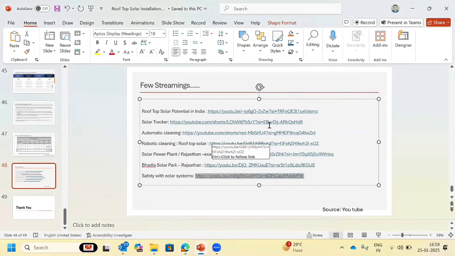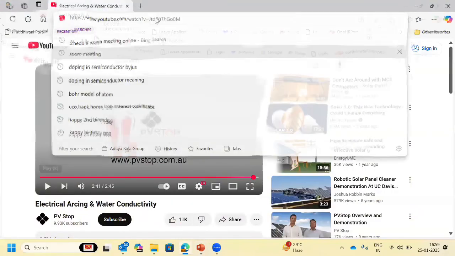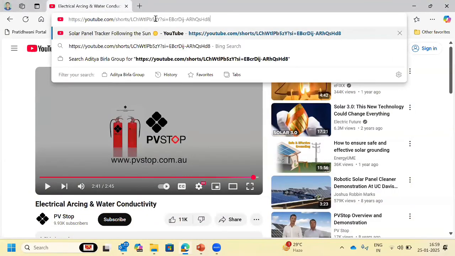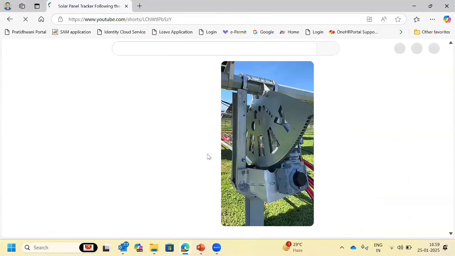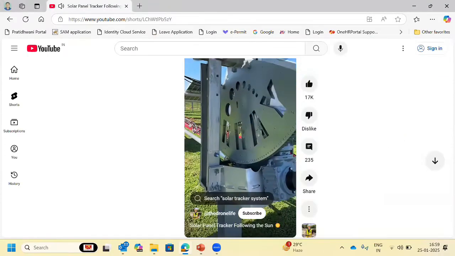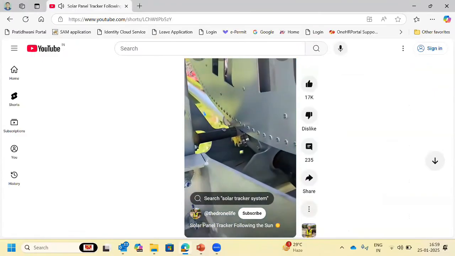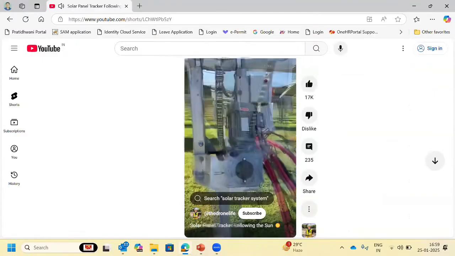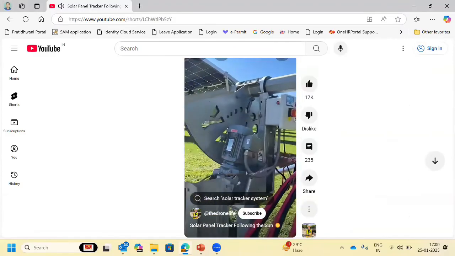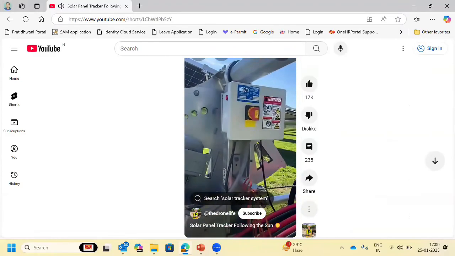Now we are going to play one more video, that is the solar tracker that we are discussing, the pyranometer and this automatic tracking facility. You can see here the tilt angle, it is automatically getting adjusted by this mechanism.